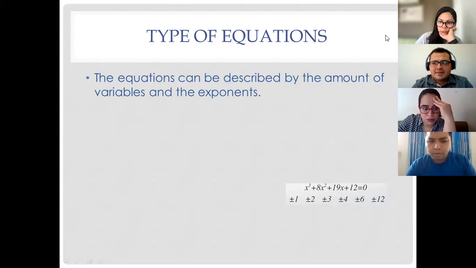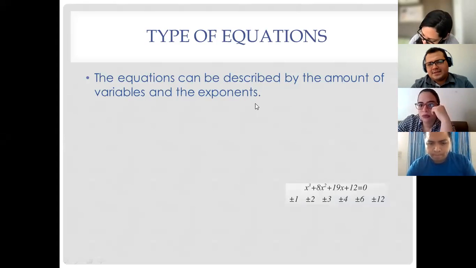Cubic, quartic. Excellent. Quartic, quintic, and we can continue with more degrees, given more interesting names. So constant, linear, quadratic, cubic, quartic, quintic will be defining kinds of equations.